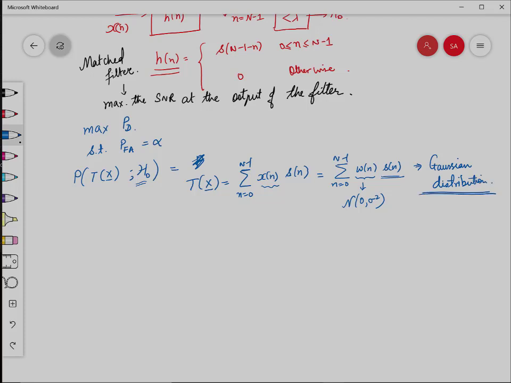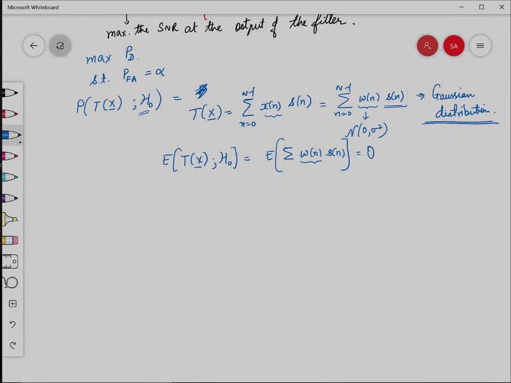The mean of this Gaussian distribution, the mean of T(x) under hypothesis 0, you can write as the expectation of this summation. You take the expectation inside, and it will be the expectation of w[n], which is equal to 0. So the expectation of this particular quantity is 0.